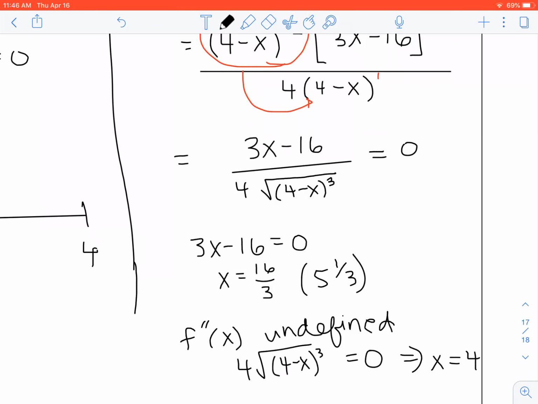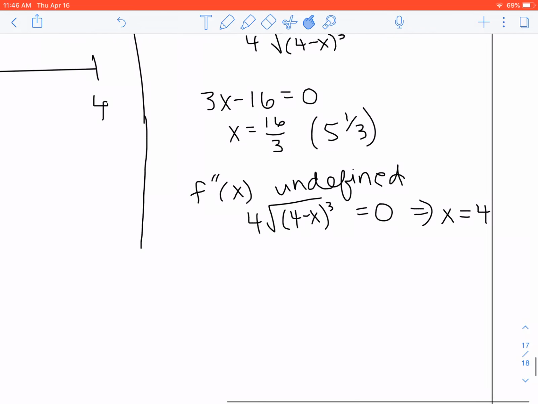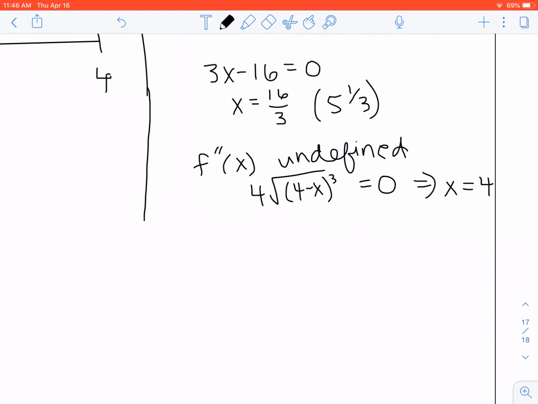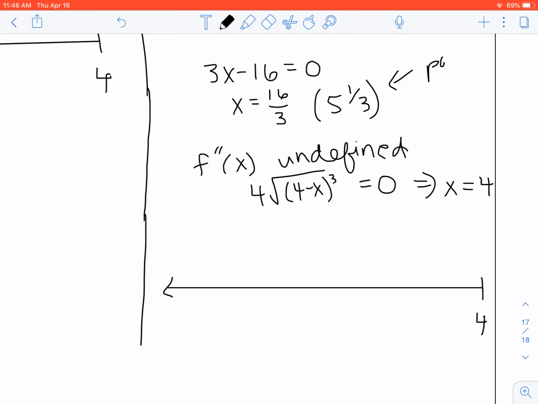So again, we're going to make another number line, and our number line is going from negative infinity to 4. If you notice, we have a little bit of an issue with our first possible inflection point. The issue is that 5 and 1/3 is not in our domain.